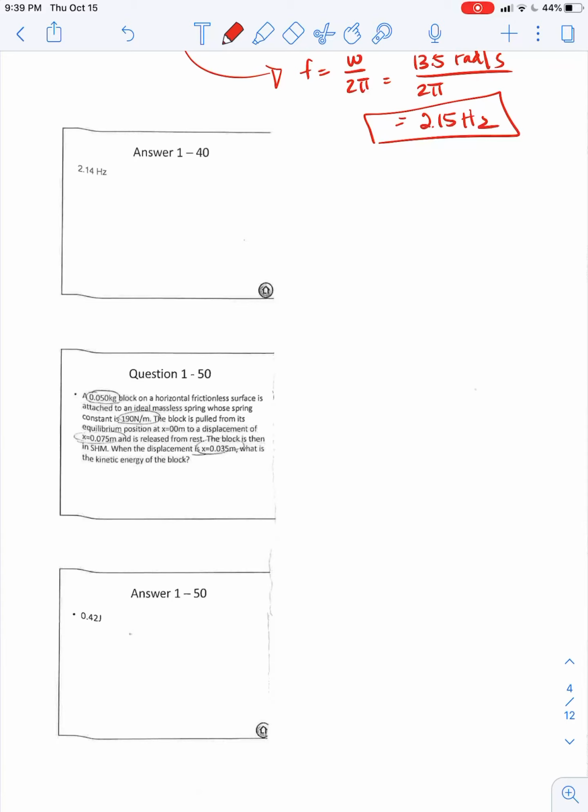All right. So it's wanting the kinetic energy of it. So we've got to figure out how we can find our kinetic energy of this. We could find the maximum kinetic energy by taking the kinetic energy plus the potential energy.